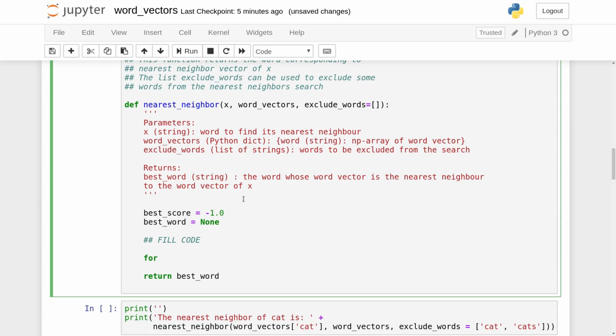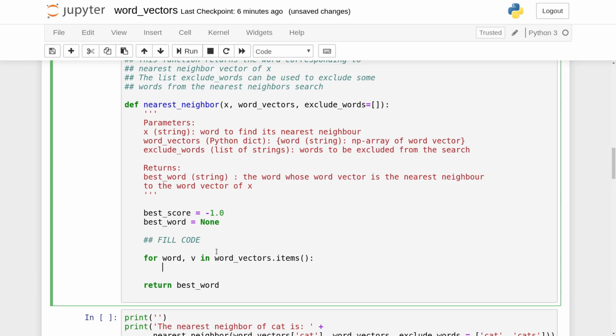So for word, v in word vectors dot items, where word is the string and v is the word vector. This is how we loop over the entire keys and values of a Python dictionary, and we compute the score for this particular word. The score is going to be the cosine between x and v, the word vector that I just found.